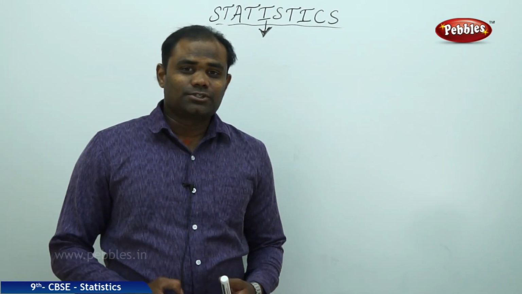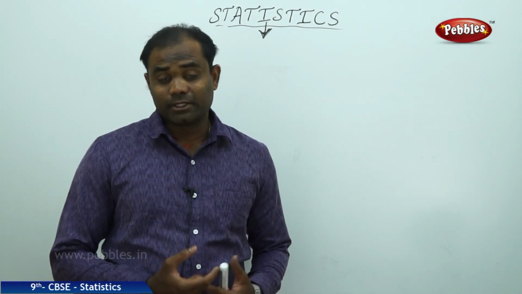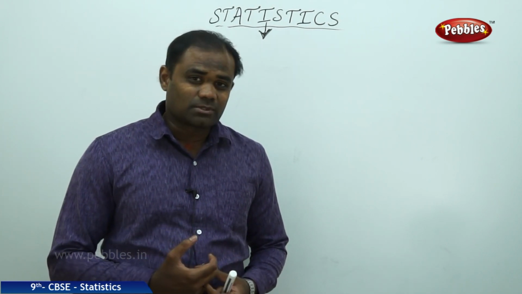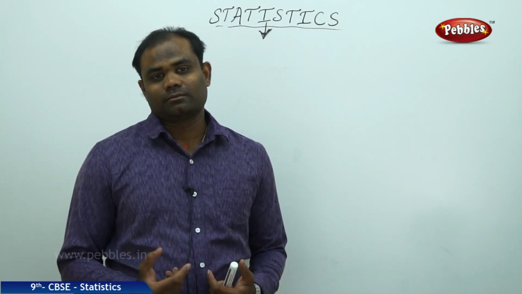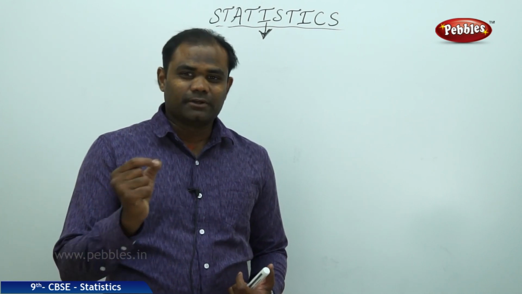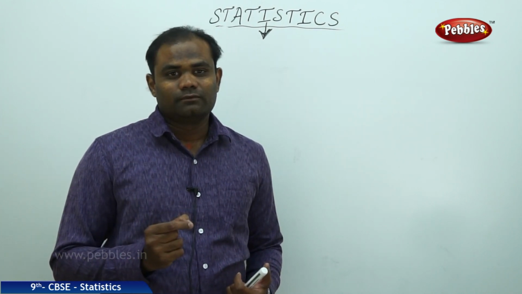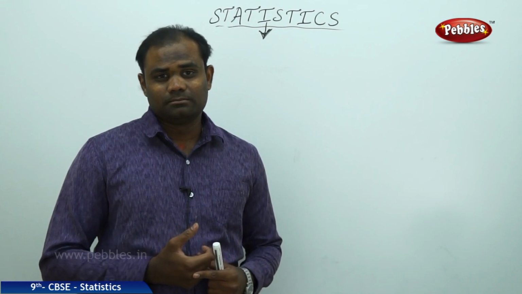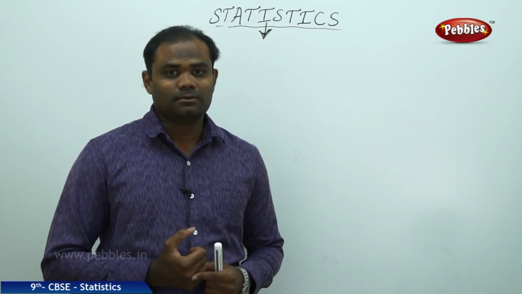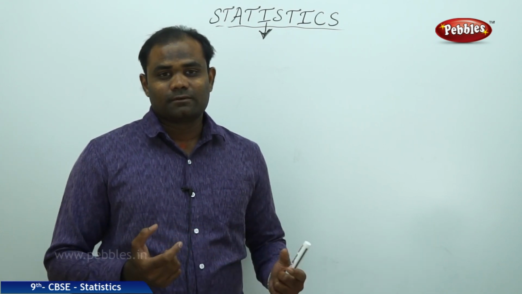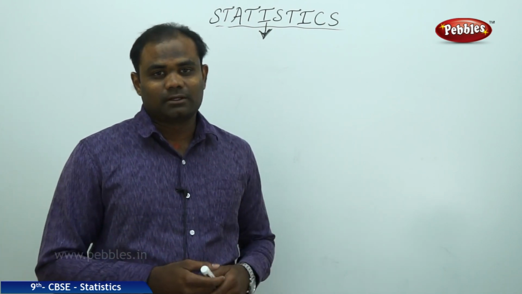Now that we have understood a frequency polygon through a histogram, the question comes: what if the histogram is not given? Can we construct a frequency polygon without the help of a histogram? Yes, it's possible if we use the formula for class mark.